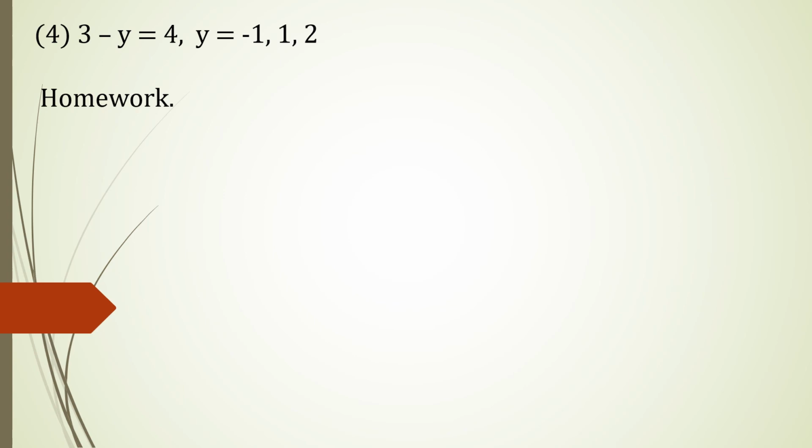I hope you have understood the sums. Now in this exercise, question number 2, we have to solve either by the transposing method or the inverse operation. You can use any one method and solve. We'll solve it in our next lecture. Thank you student. Stay home, stay safe.